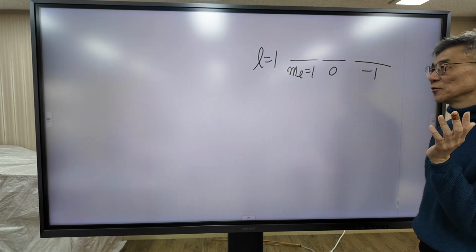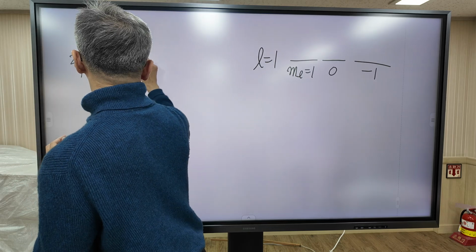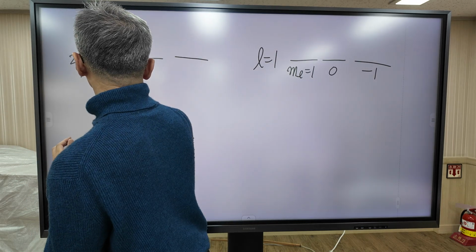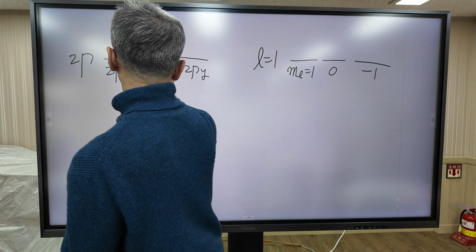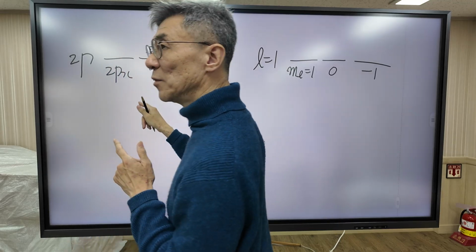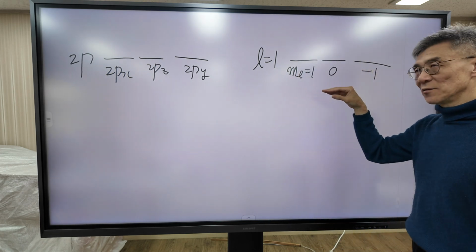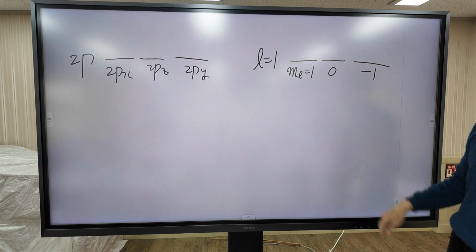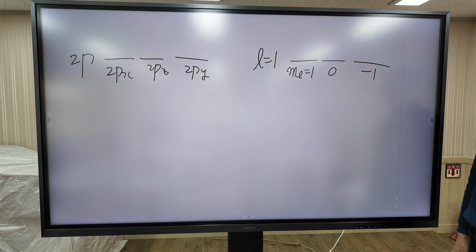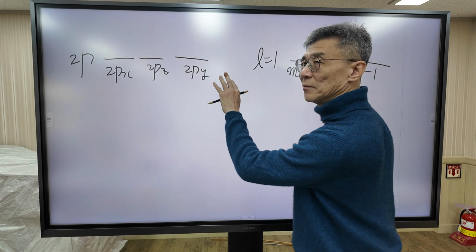But last year you already learned 2p orbital has 2px, 2py, 2pz orbitals, which are dumbbell shaped. You are familiar with these orbitals. Now in general chemistry course, we learn 3 L equal 1 orbitals. But the two sets of these orbitals are not the same. It is different.